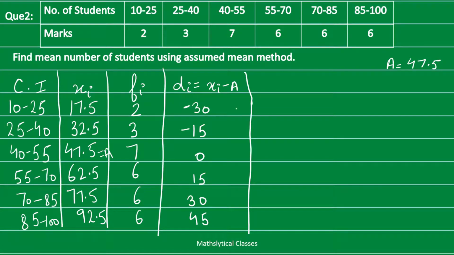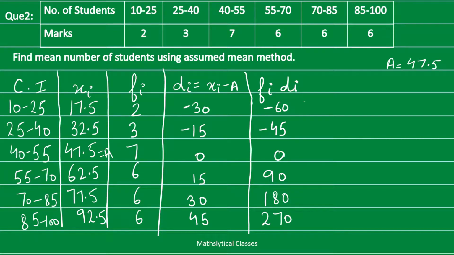Now you have to find out fi di. You multiply fi with this di. So here see what you will get: minus 60, minus 45, then 0, 90, 0, 90, then 180, and here you will get 270.